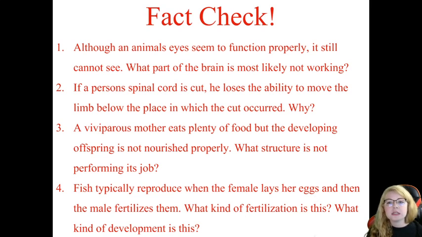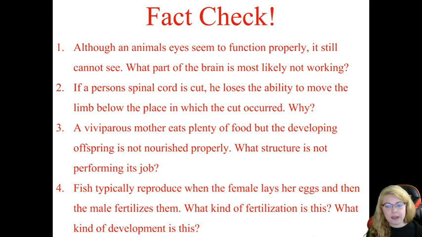Number 2, if a person's spinal cord is cut, he loses the ability to move the limb below the place in which the cut occurred. Why? That would be because the brain sends signals down the spinal cord to the nerves that branch out to the limbs. So if you cut the signals, then that signal cannot travel to that limb and it won't receive the feedback. That is why people who are quadriplegic or paraplegic, etc., experience this.